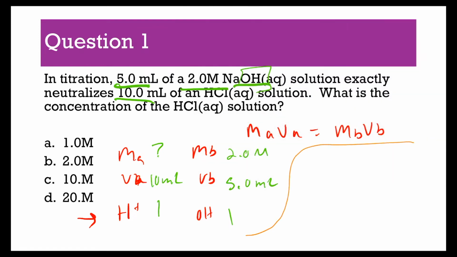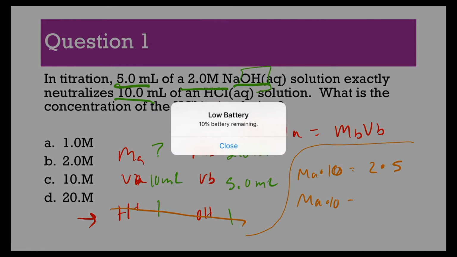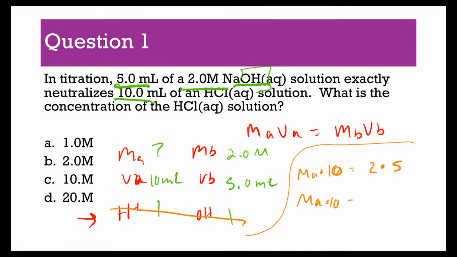MA times 10, again if they're both 1, you can just ignore it, equals 2 times 5. So MA times 10 equals 10. To get MA by itself, divide both sides by 10. So the molarity of your acid is equal to 1 molar, and that is answer choice A.